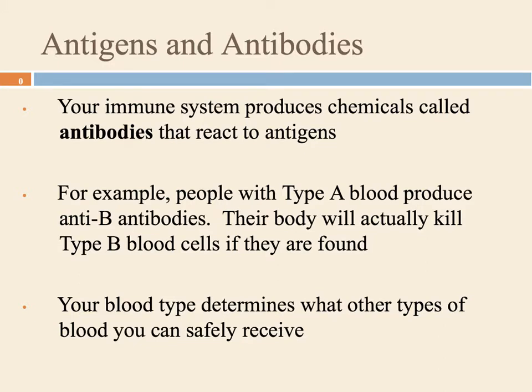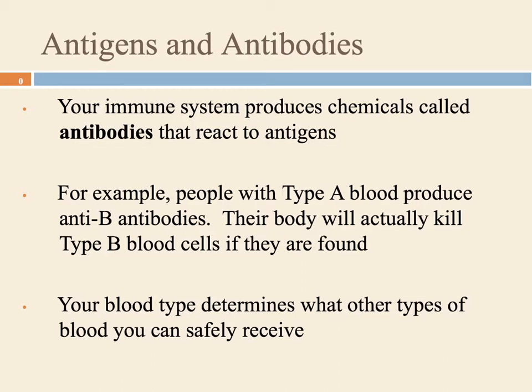So antigens, again, are markers on your cell, and then your bodies are going to produce chemicals called antibodies that basically react to antigens. Remember, we talked about carbohydrates being ID tags.